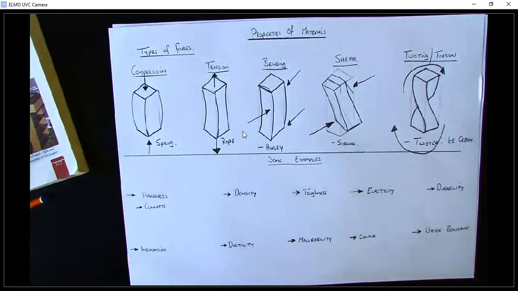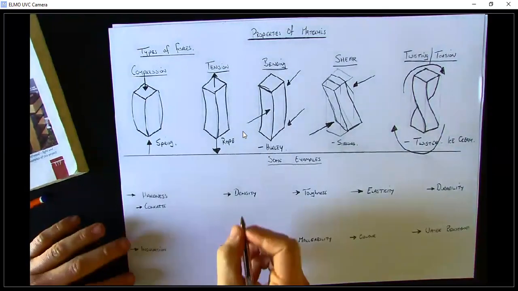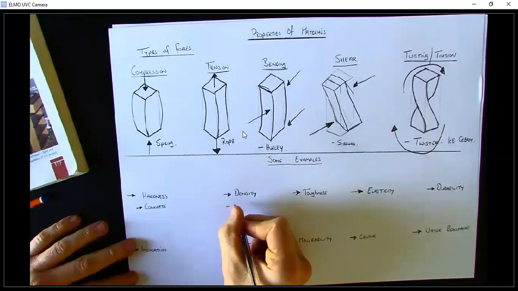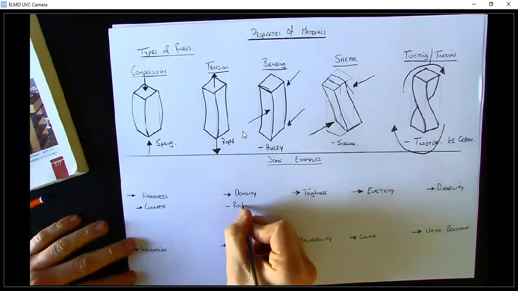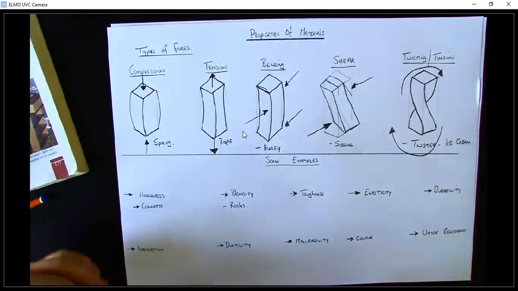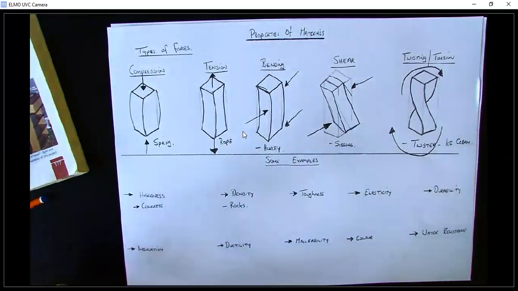All right, the second one is going to be density. Density is going to be important when you're going to need a lot of weight. So when we think about density, we'll think of something that's going to be really dense, something that's going to be heavy, like rocks, gravel.